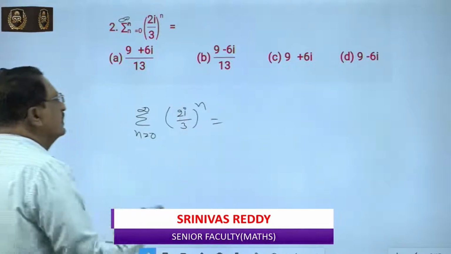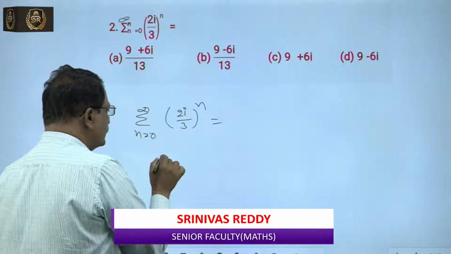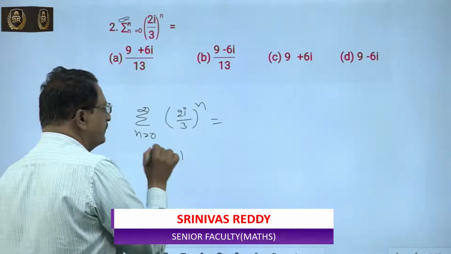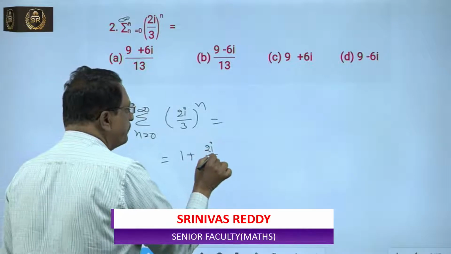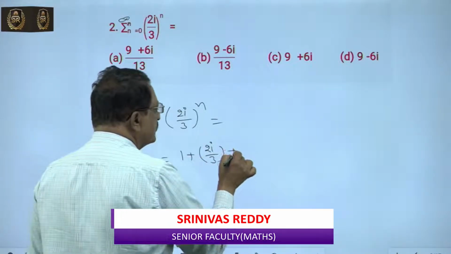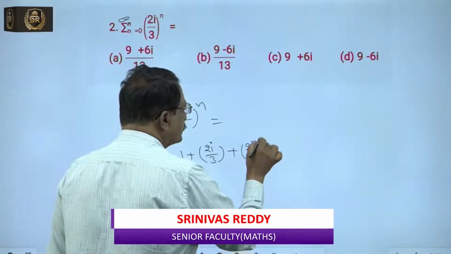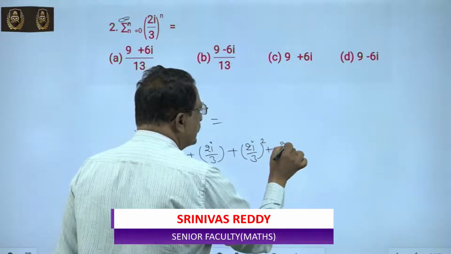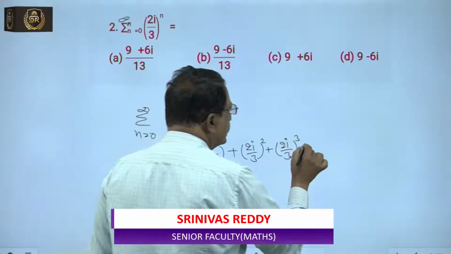Now sigma is nothing but summation. First n equals 0, substitute, we get 1; n equals 1, 2i by 3; plus n equals 2, (2i by 3) whole square; plus (2i by 3) whole cube, and so on up to infinity.